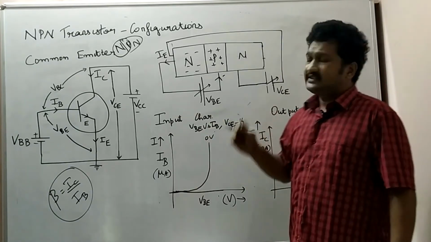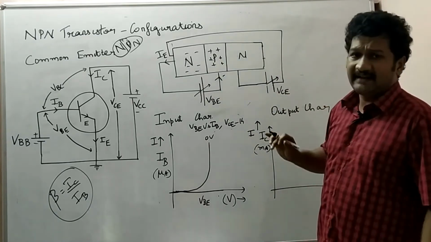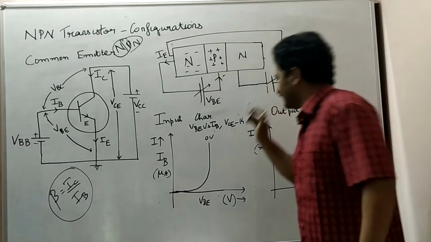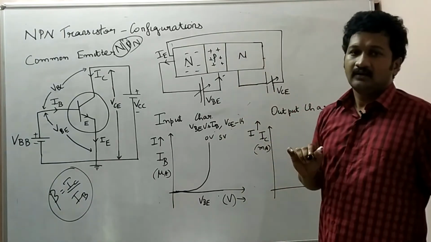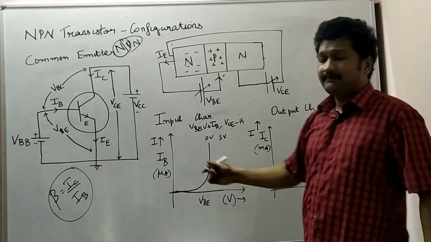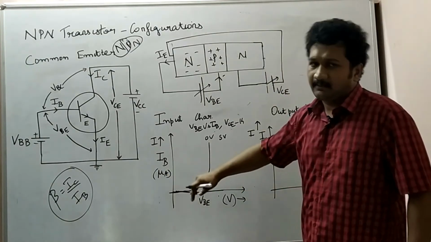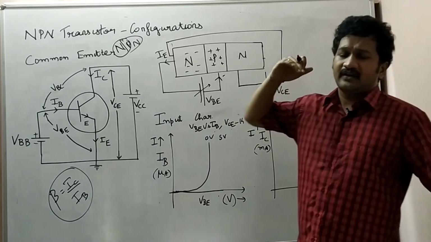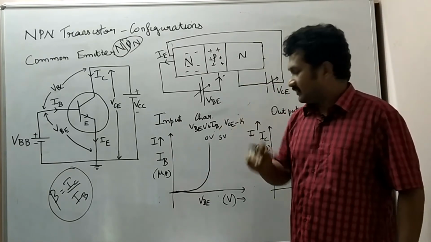Now to see the influence of VCE, we have to increase the VCE voltage. For example, we are having VCE as 5 volt. What happens now? Same thing happens: when VBE is increased, it reaches a cut-in voltage and base current is produced. Now we are going to see how the level of the base current is influenced here.